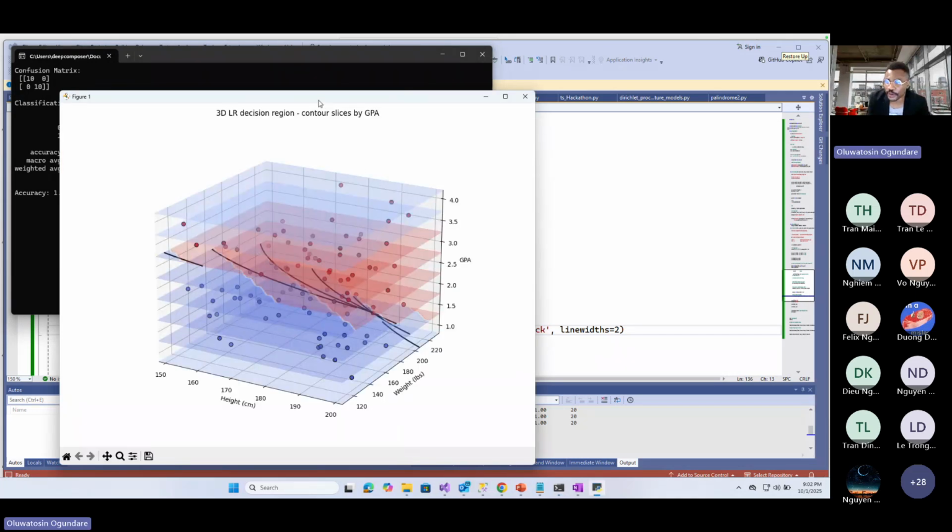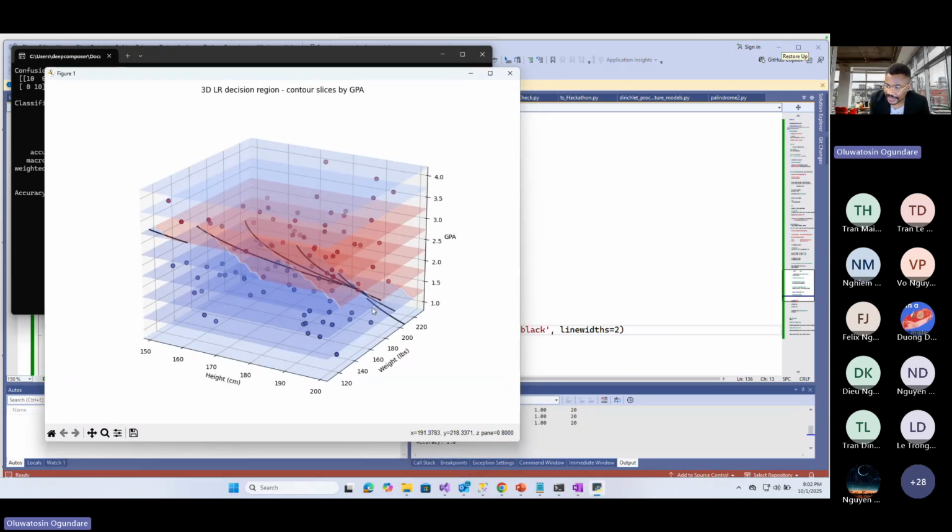If you look at these black lines, it's like a shadow of the real decision boundaries, and this is what the model learned. It allows you to compare the SVM model and the logistic regression model to see the decision boundary that they both construct, or you can just visually inspect it with this 3-dimensional plot. Anyway.